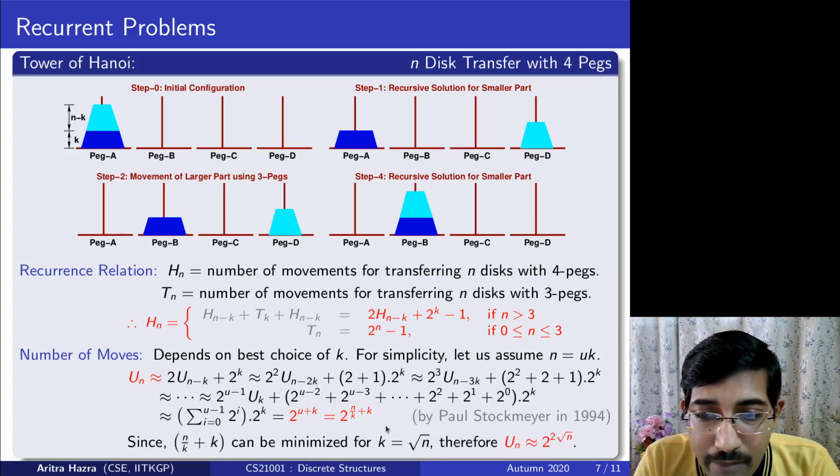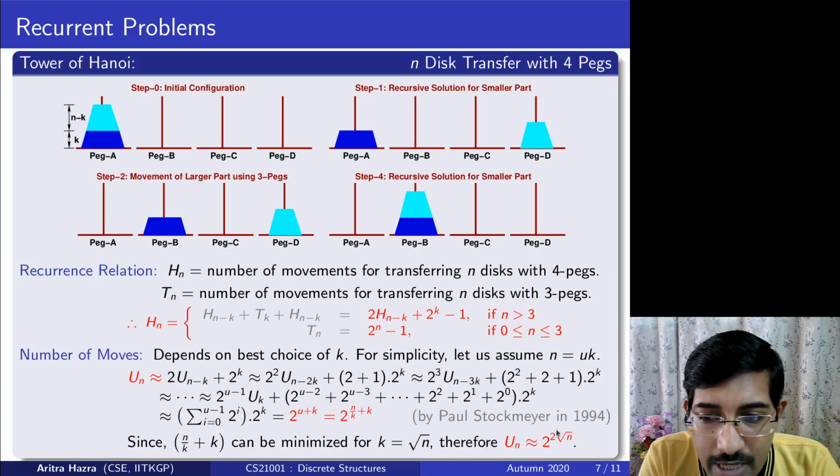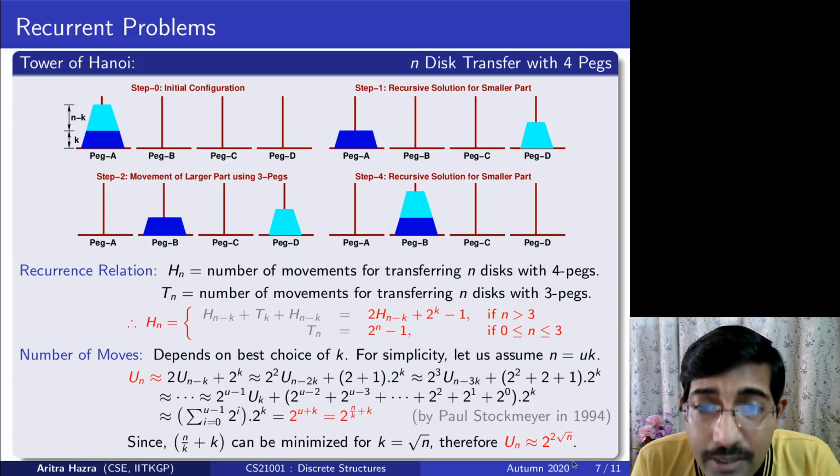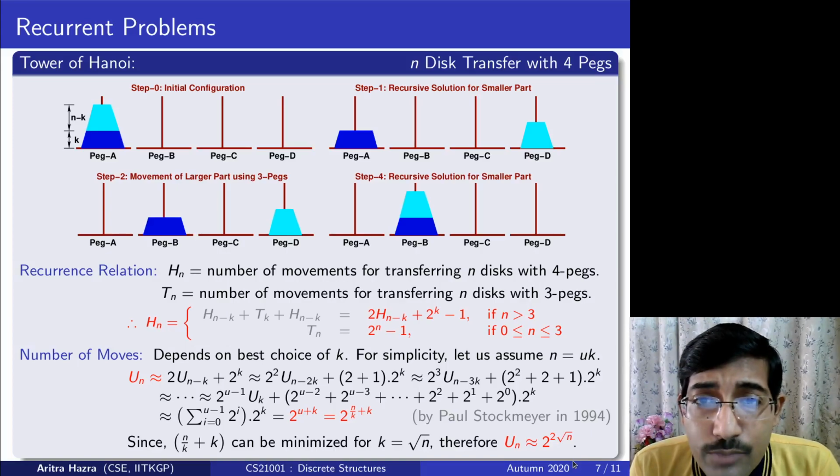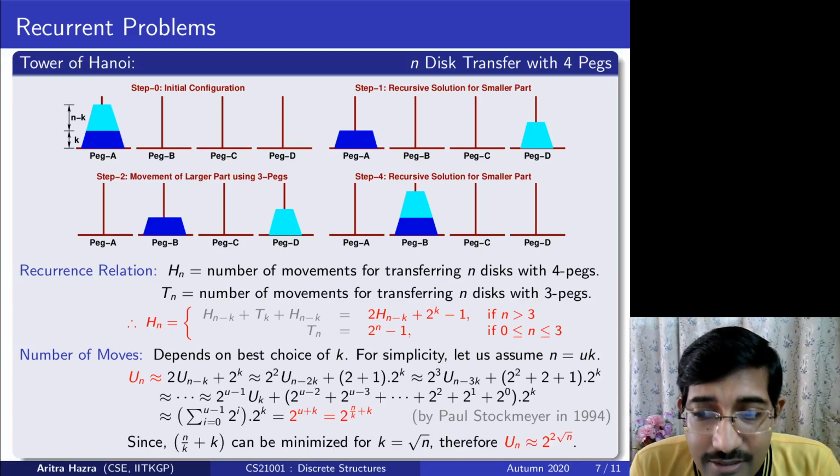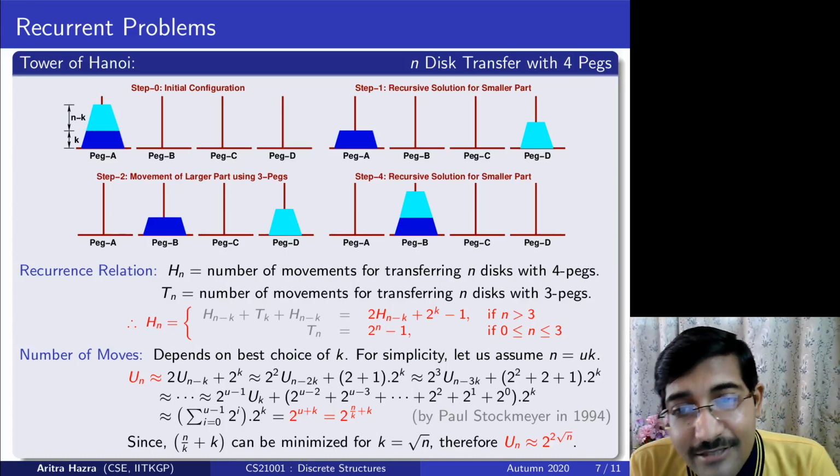And you will be amazed to see that this approximation is minimized with this, and Hn is almost 2 to the power 2 root n, because k equal to root n gives this number as 2 to the power 2 root n. And finally, this is the optimal number or the best number of movements possible, beyond which you cannot do it. This was proved in 2018, that is 2 years back.